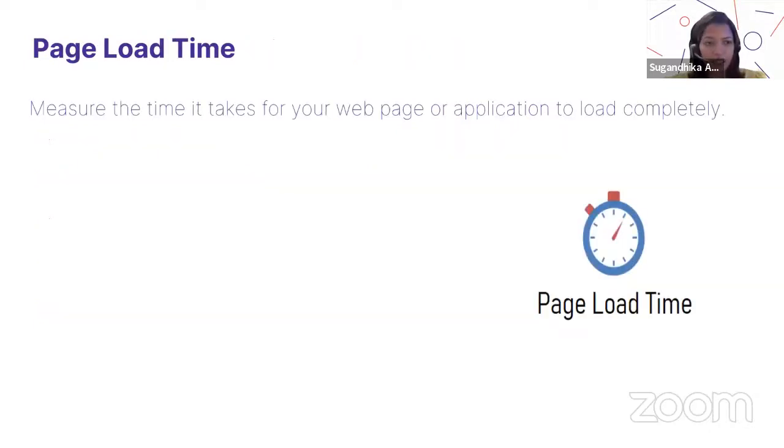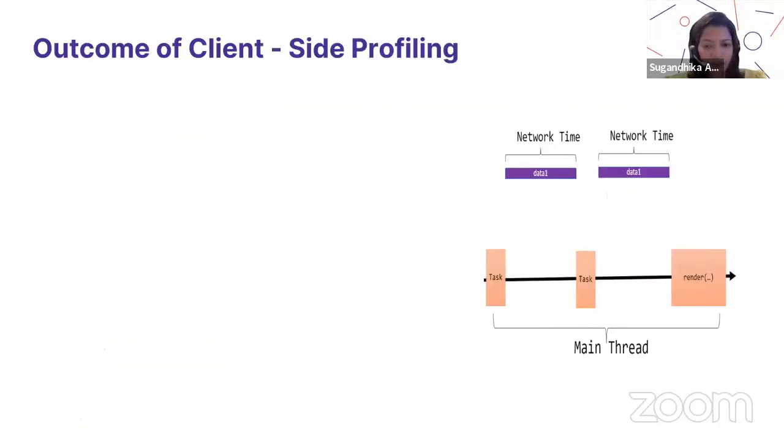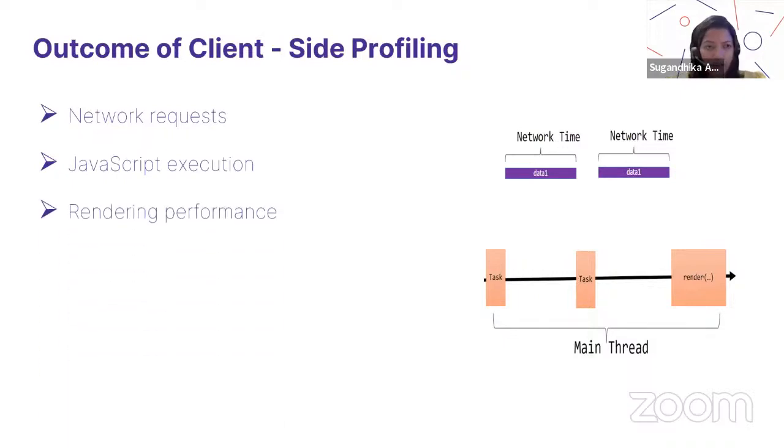Almost every tool has these metrics, so you have to learn how to read them. Then we talk about network requests, and then JavaScript execution, which I will cover in more depth later, and rendering performance as well.